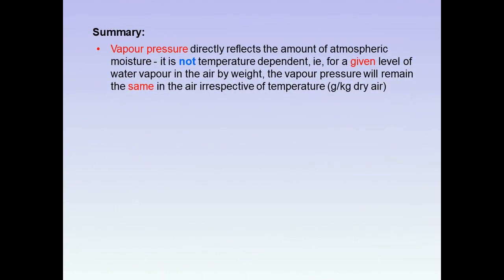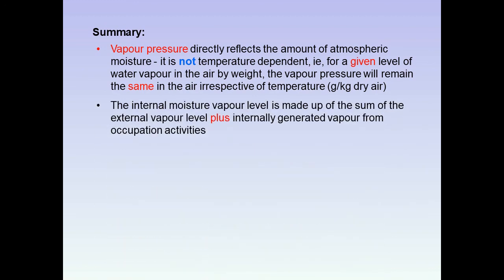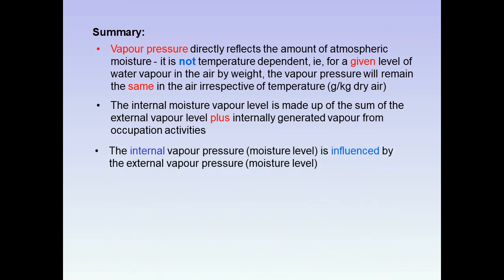So to summarise, vapour pressure directly reflects the amount of atmospheric moisture. It is not temperature dependent. Thus, for a given level of water vapour in the air by weight, the vapour pressure will remain the same, irrespective of temperature. The internal moisture vapour level is made up of the sum of the external vapour levels plus internally generated vapour from occupation activities.